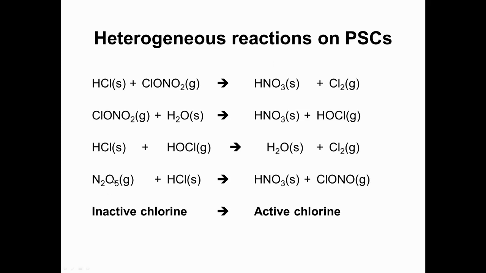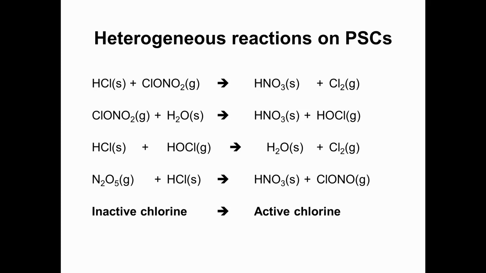But the N2O5 itself can react on these polar stratospheric clouds to form nitric acid and ClONO. So that's not a typo. It's not ClONO2, it's ClONO. And these are all active chlorine species, and these are inactive.